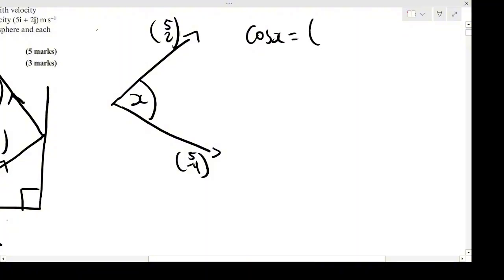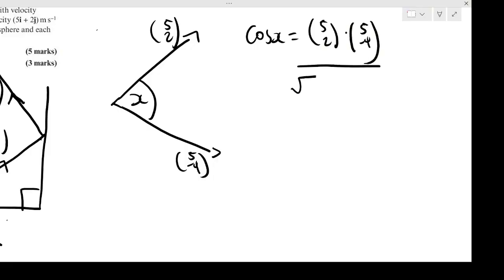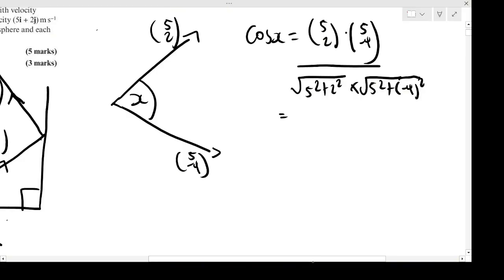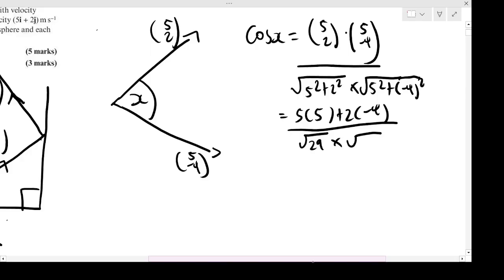So that's going to be cos x. That's going to be (5, 2) dotted with (5, -4) over the modulus of (5, 2), which is root of 5 squared plus 2 squared, times the modulus of (5, -4), so root of 5 squared plus (-4) squared. At that point, it's just a case of putting it in the calculator. So if I simplify this, that's going to be 5 lots of 5 plus 2 lots of -4 over root 29 times root 41.